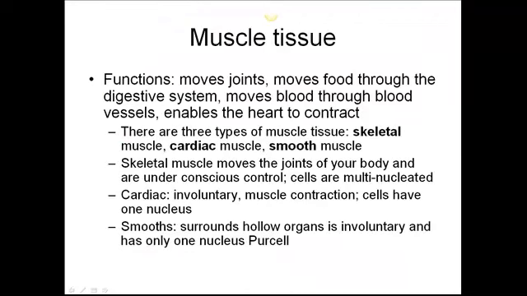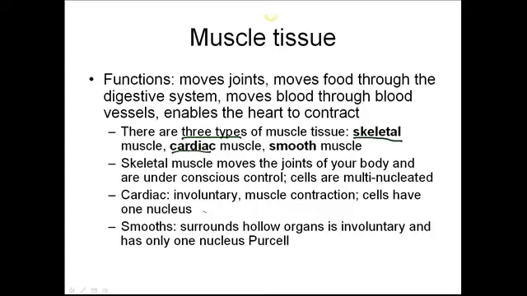Moving on to muscle tissue. The functions of muscle tissue are to move joints, move food through the digestive system, move blood through the blood vessels, and enable the heart to contract. There are 3 types of muscle tissue. Skeletal, that's the one you're used to, your biceps, your triceps, your quads, your hamstrings. You have conscious control over skeletal muscles.